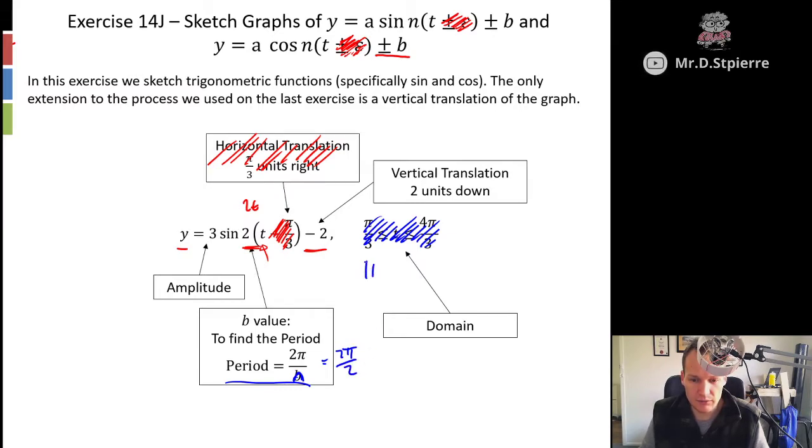So our domain will be from 0 to pi. 2 pi on 2 is just equal to pi. That n value. Okay, there we go. And then, like I said, this is the last new bit, which is effectively just move the whole graph down.